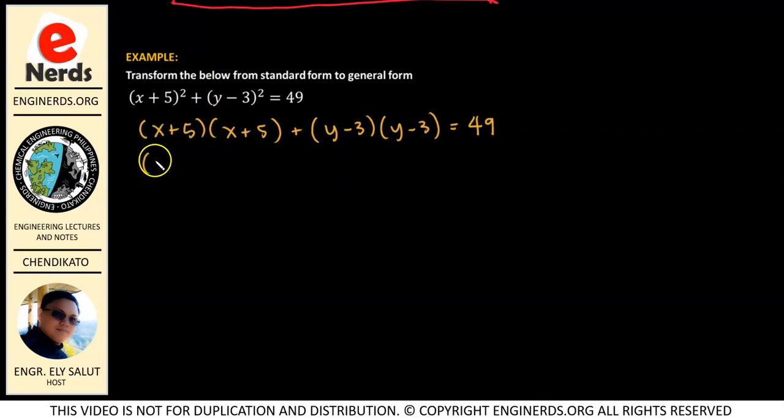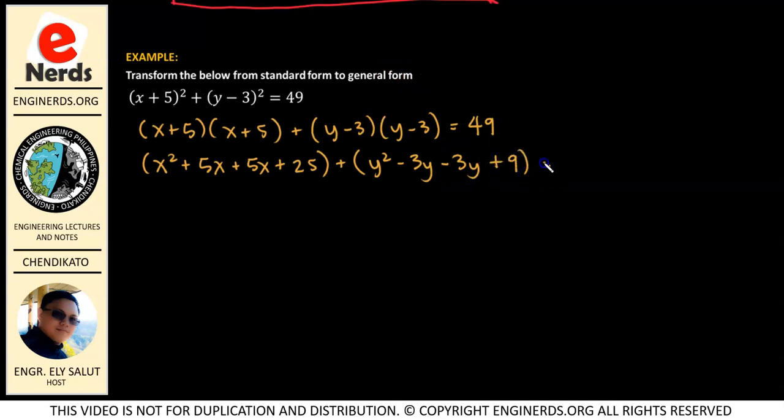So we will have x times x, which is x squared, x times 5 will be plus 5x, plus 5 times x will be 5x, plus 5 times 5, which is 25. Then plus y times y, which is y squared, y times negative 3 will be negative 3y, negative 3 times y will be negative 3y, negative 3 times negative 3 will be plus 9, and this is equal to 49.